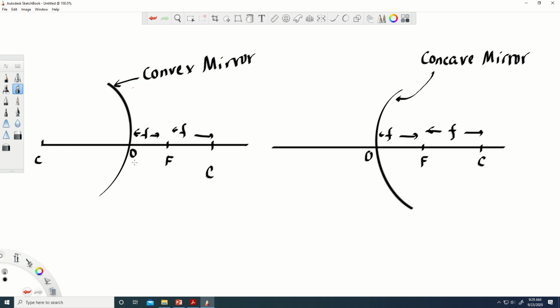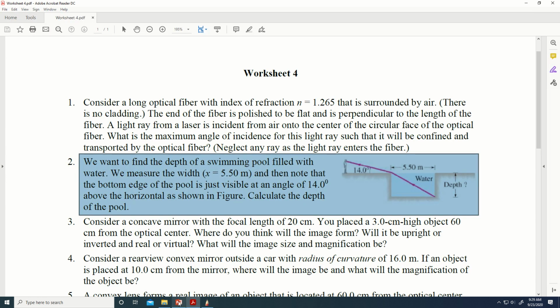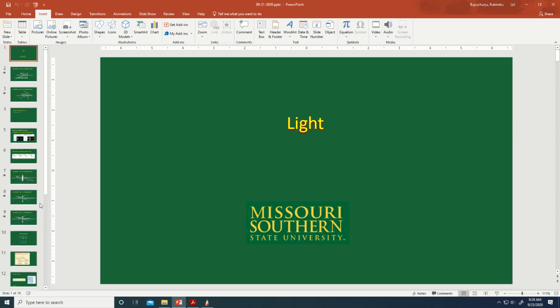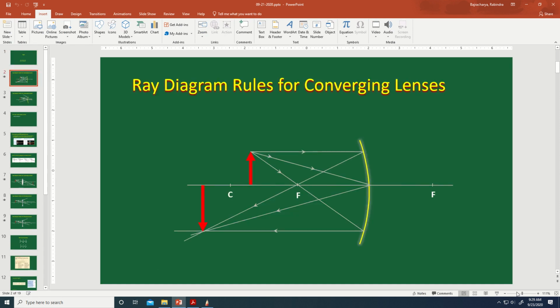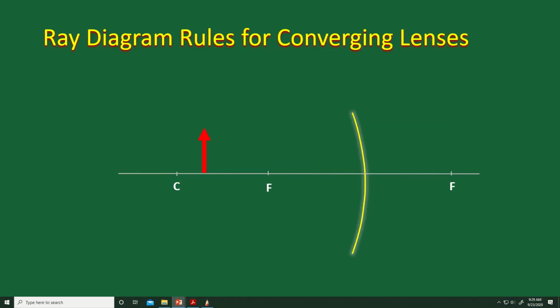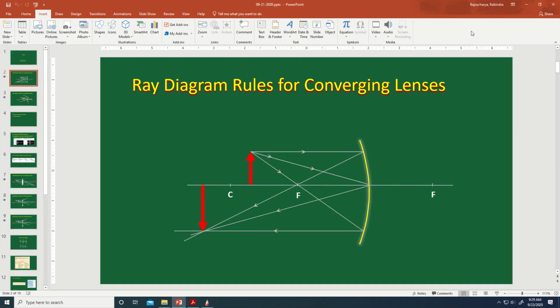Now let's look at the three rules that you need to know to see where they form the images. So let's look at the image formed by a, sorry, that's not lens, that's mirror.